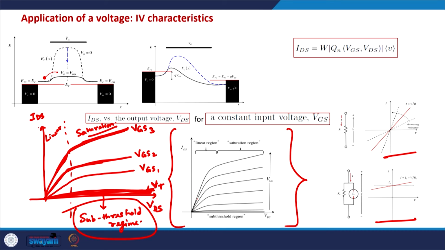Similarly, the linear regime is the regime when the gate voltage is above the threshold voltage, but the drain voltage is small. And the saturation regime is the regime in which the gate voltage is above the threshold voltage, but the drain voltage is also large and the current does not increase as fast as it was increasing in the linear regime.